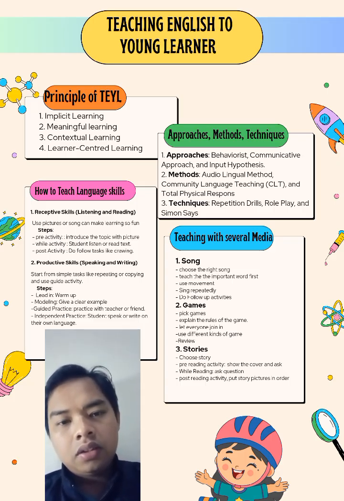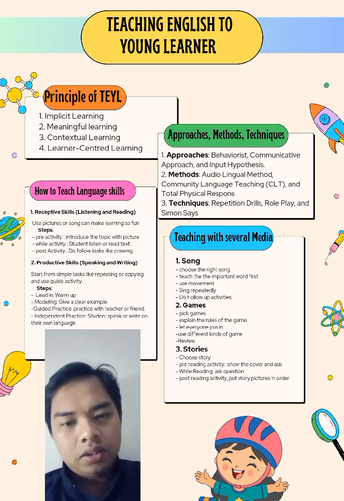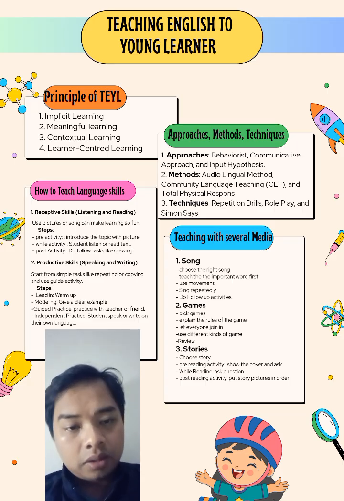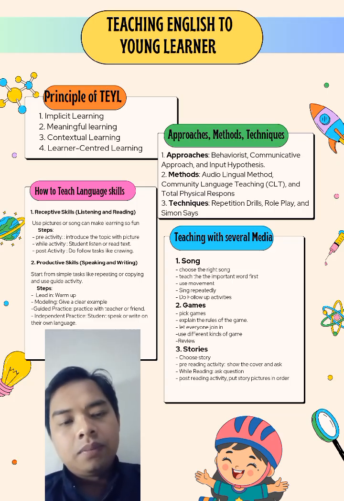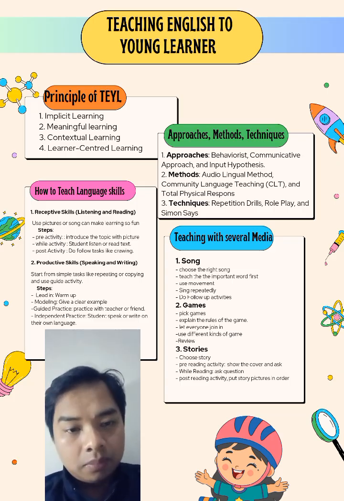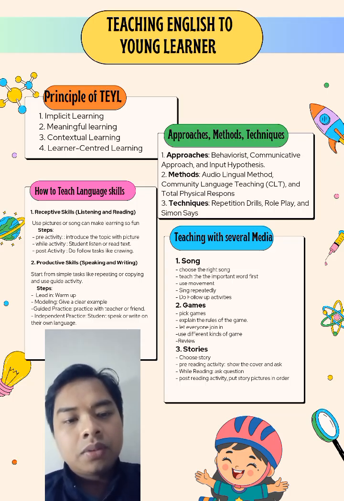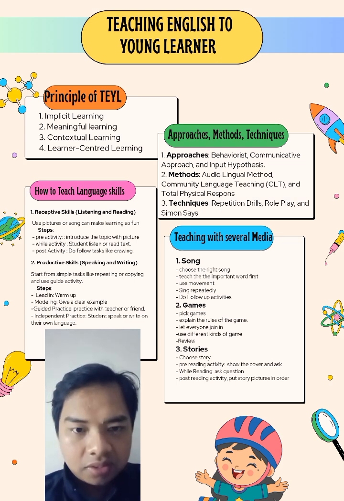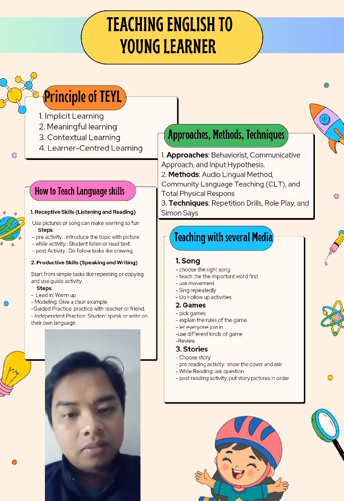The second one is communicative language teaching or CLT. Students learn by talking with each other in real life situation. The teacher helps them use English to ask, answer, and share ideas.